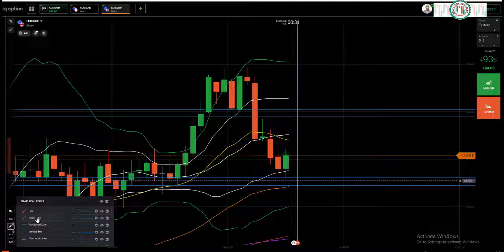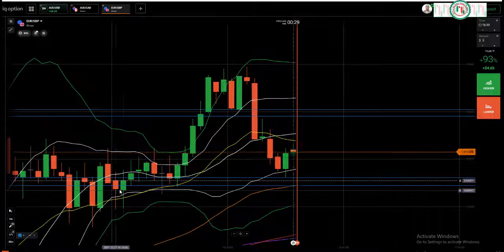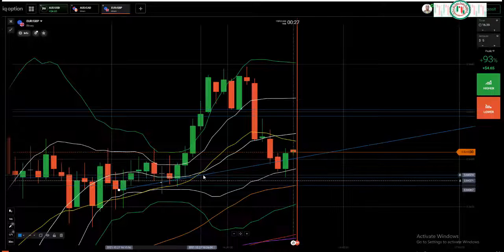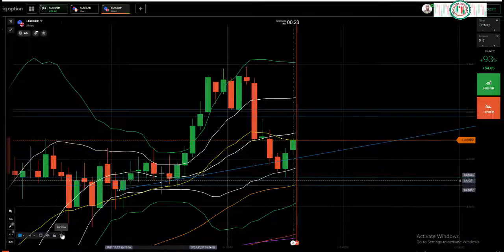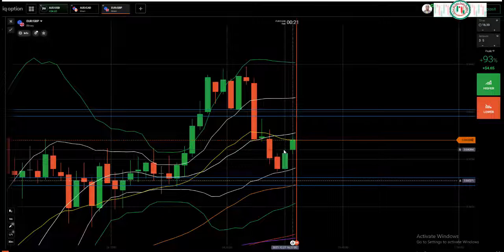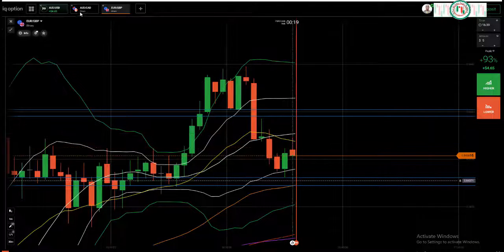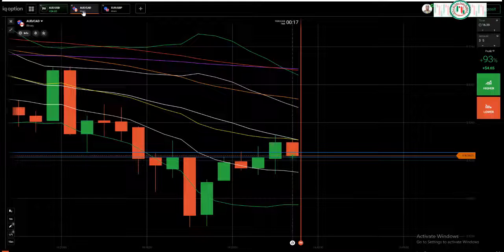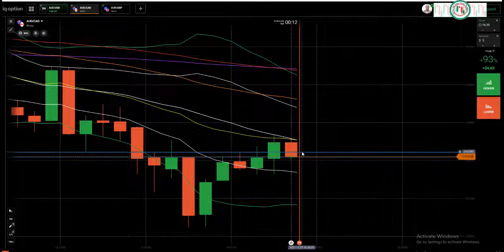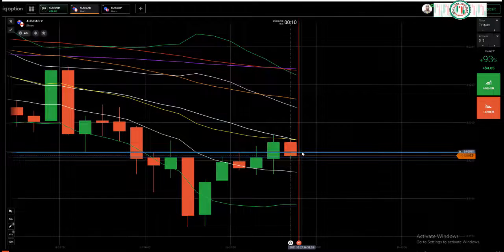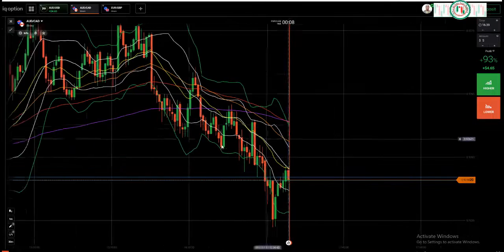Market has rejected. Maybe this is the level here. No, it's no problem. Market has reversed already. So here market is in my level.